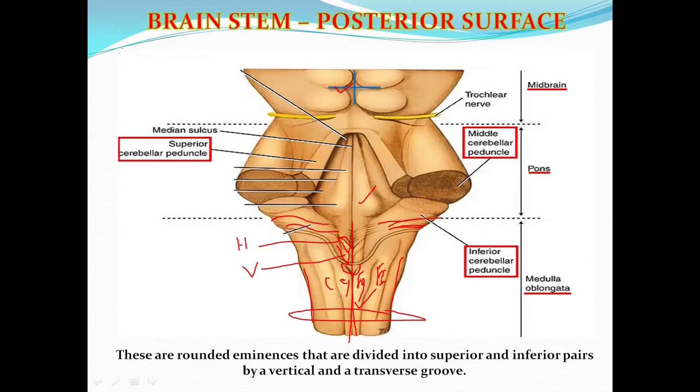First we finish the external features, followed by the internal features. So now we have done the anterior aspect of the midbrain, pons, and medulla, and the posterior aspect of the midbrain, pons, and medulla. Do listen once again, and stay tuned for the next video, on the internal features of the brainstem.